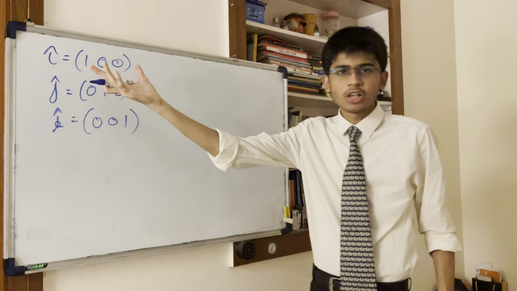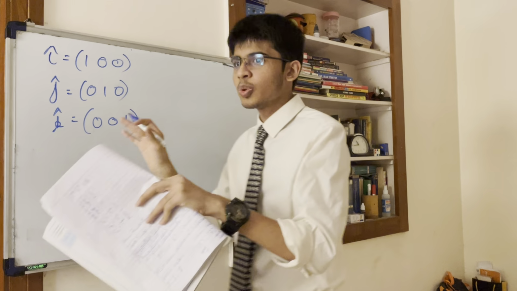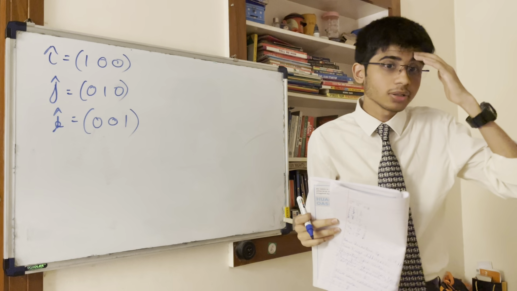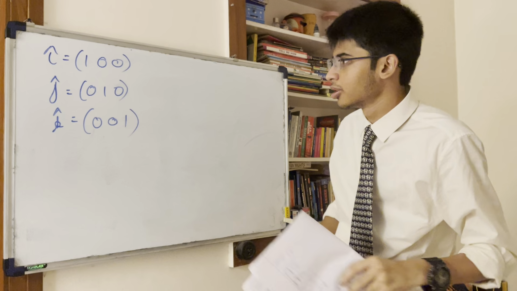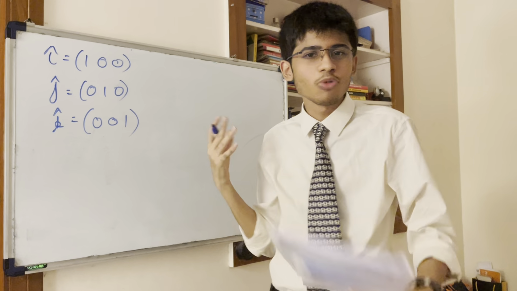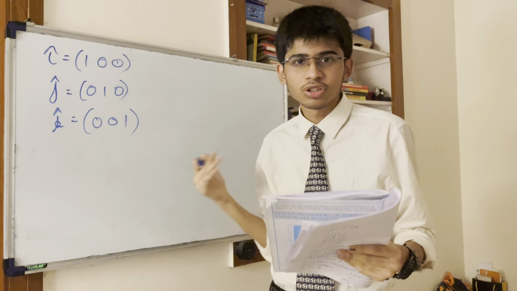Now we've written this as a row. That is how we learned in high school, but the way physicists write vectors is always column wise. We found it to be more helpful if we write column wise, so we write vectors column wise.